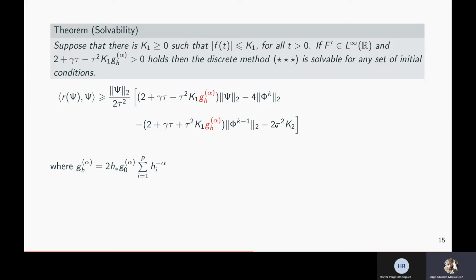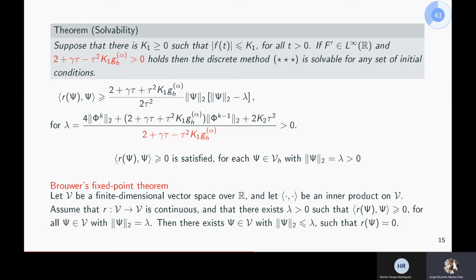We introduce some notation, and we finally obtain that this expression is bounded from below by this, where lambda is given in this form. This lambda is greater than 0. Notice that if this condition is satisfied, then this inner product is greater than 0, and Brouwer's fixed point theorem guarantees that there is a solution for the system.